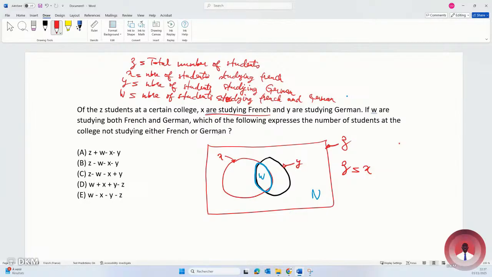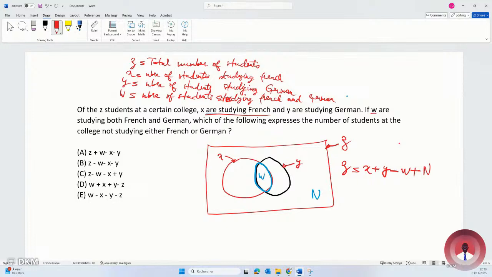And then plus Y, the same thing: students studying at least German, minus the intersection, which is going to be W, made up of the students that are strictly studying both French and German. And then we add the number of students not studying either French or German, because they are also part of the total number of students.